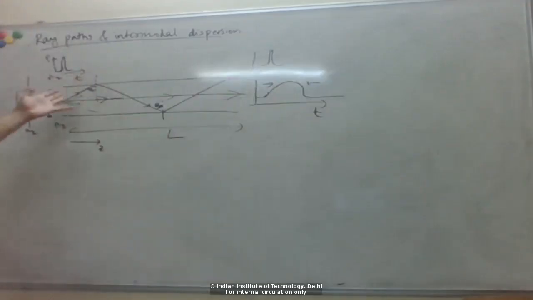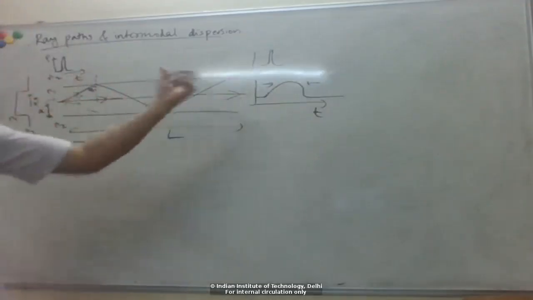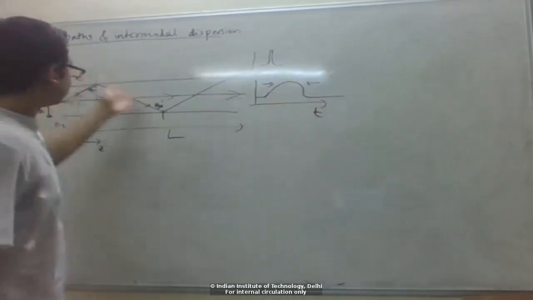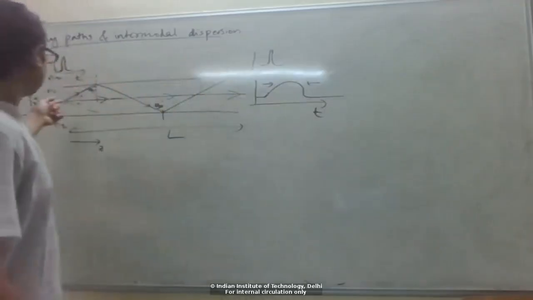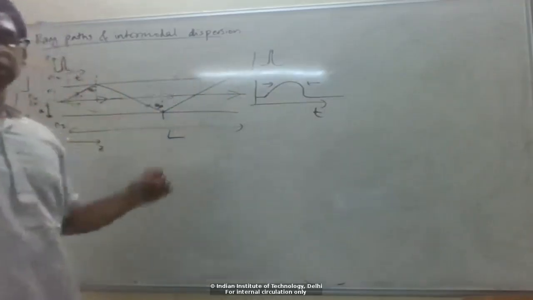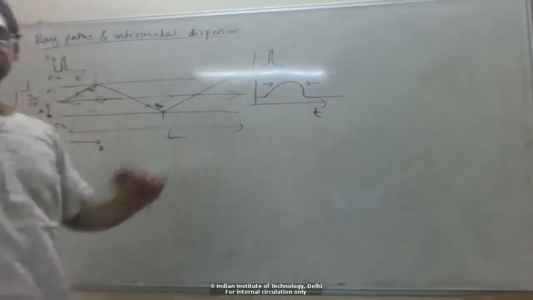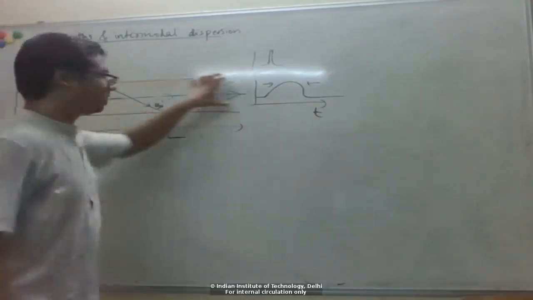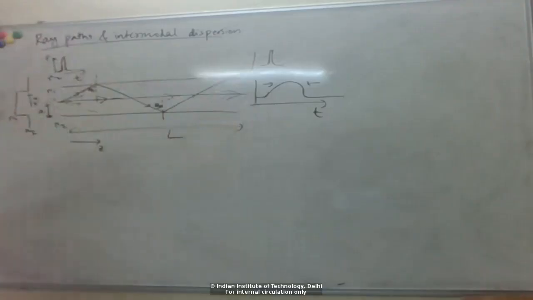You can think of these different rays as different optical modes traveling through the medium, and each optical mode, in this ray picture, takes a different time because it travels a different length. When we go to the wave picture and talk about modes, we'll see that each of these modes actually travels at a different speed.